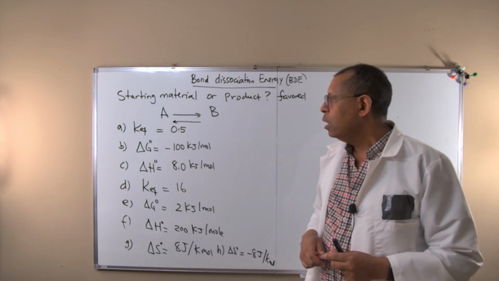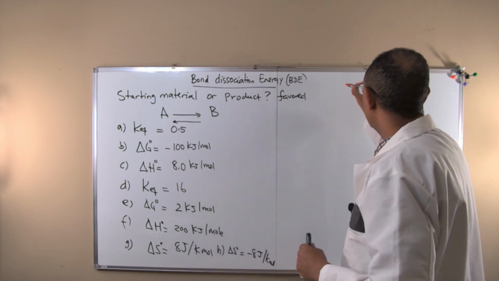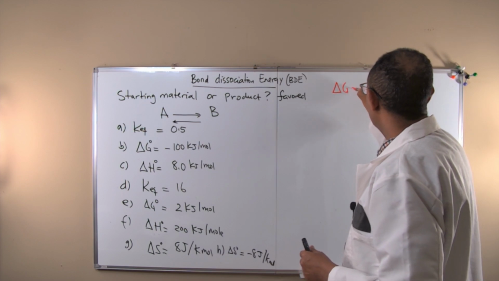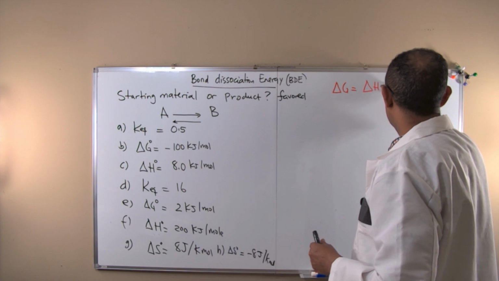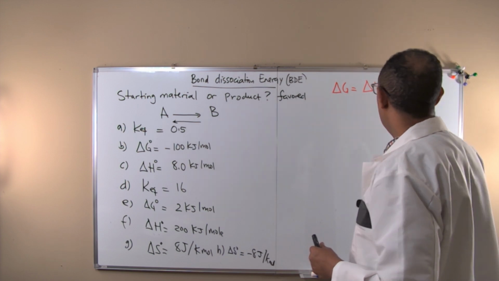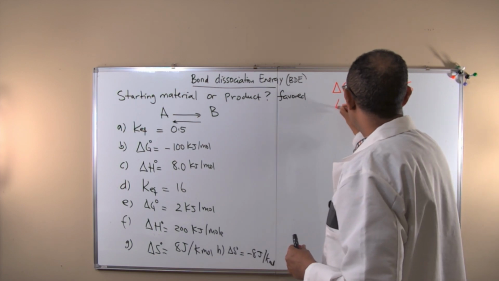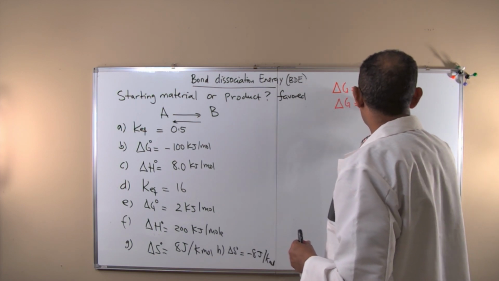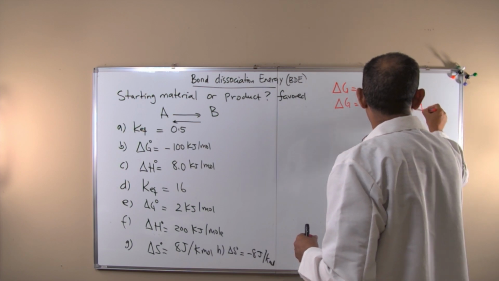I want to put one equation here, which is delta G equals delta H minus T delta S. The other one is delta G, which relates to the equilibrium constant and temperature.